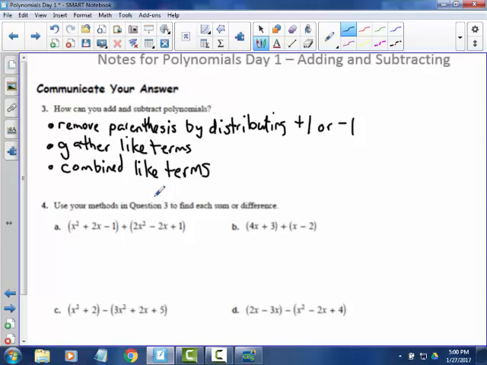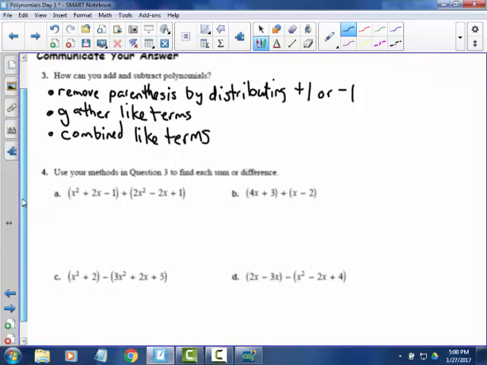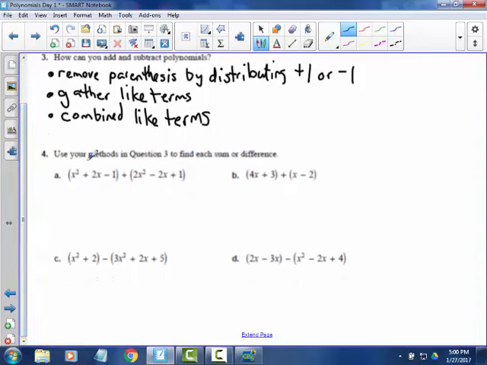Okay. All right, so if we apply that here, we're going to remove our parentheses by distributing 1 or negative 1. Understood 1 here, understood 1 here, so this becomes x squared plus 2x minus 1 plus 2x squared minus 2x plus 1.